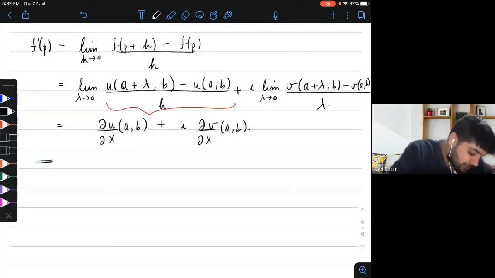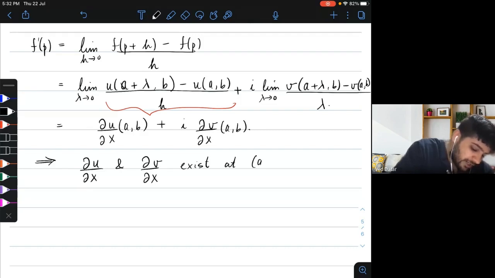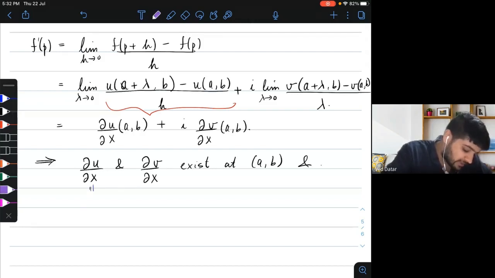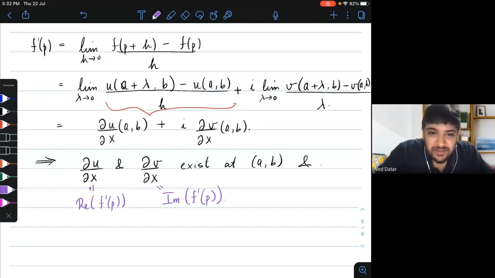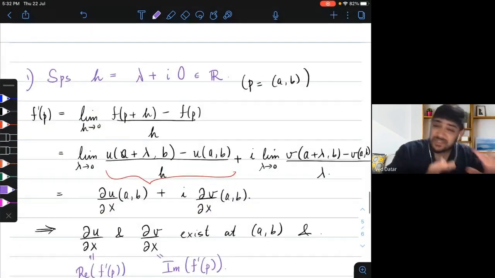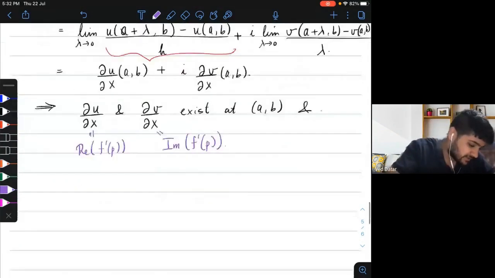Okay, so this implies that del u by del x and del v by del x firstly exist at this point a comma b, and we basically have these equalities. This is equal to the real part of f prime of p, and this is equal to the imaginary part of f prime of p. So just from assuming holomorphicity, we have this conclusion.